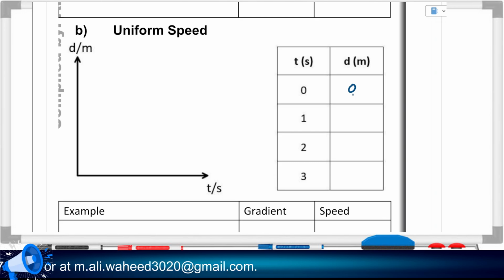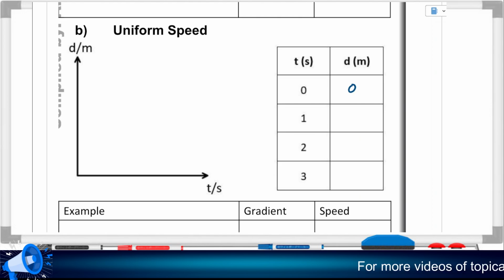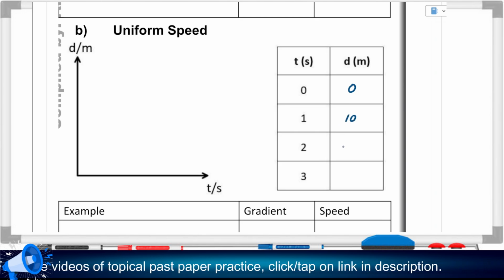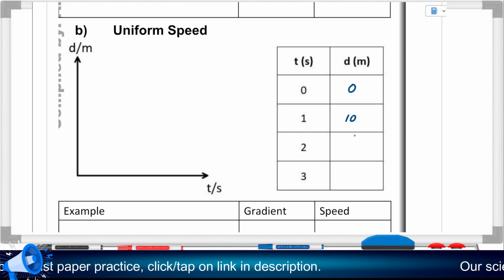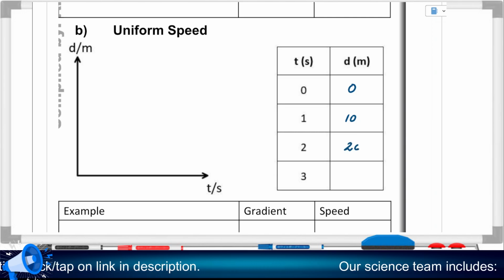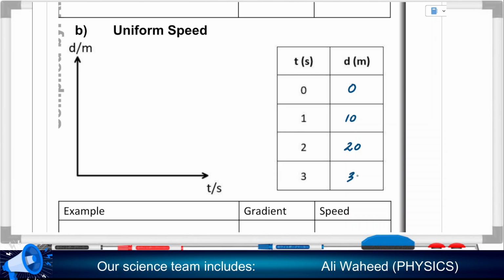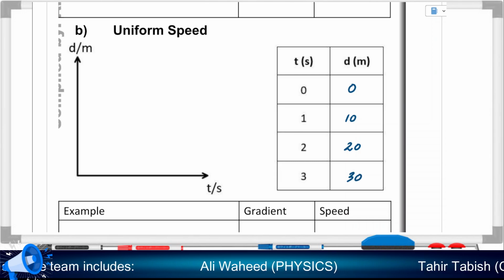The distance was 0 meters from a reference point. After 1 second, it has now covered a distance of, let's say, 10 meters. After 2 seconds, an overall distance of 20 meters. And after 3 seconds, an overall distance of 30 meters.